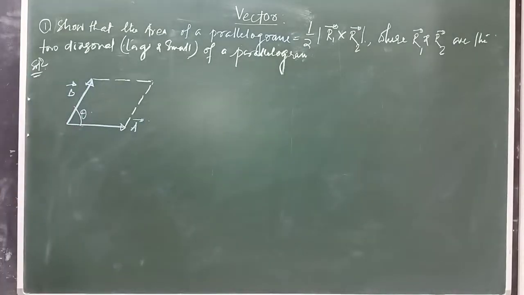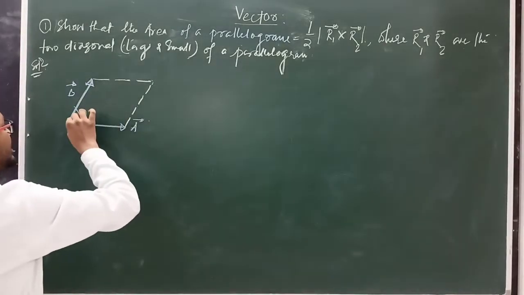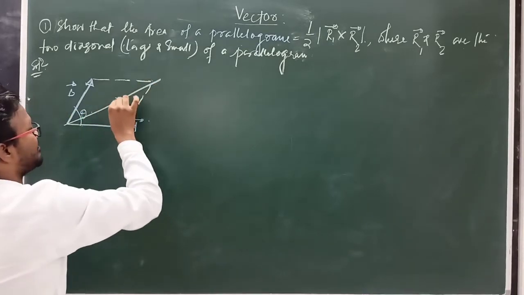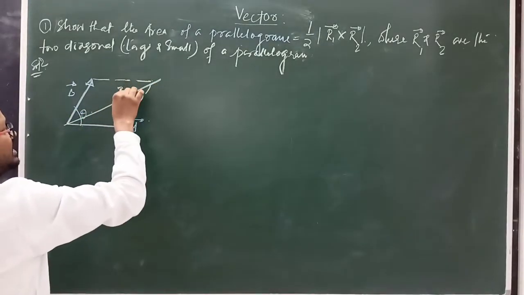Clear? And here we already know, if A and B represent two sides of a parallelogram, and this is an adjacent side, then the resultant vector will be the diagonal of this parallelogram, and this resultant is R.